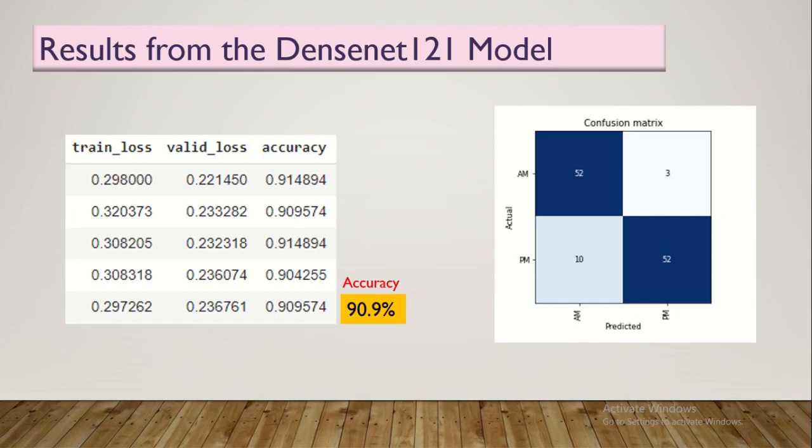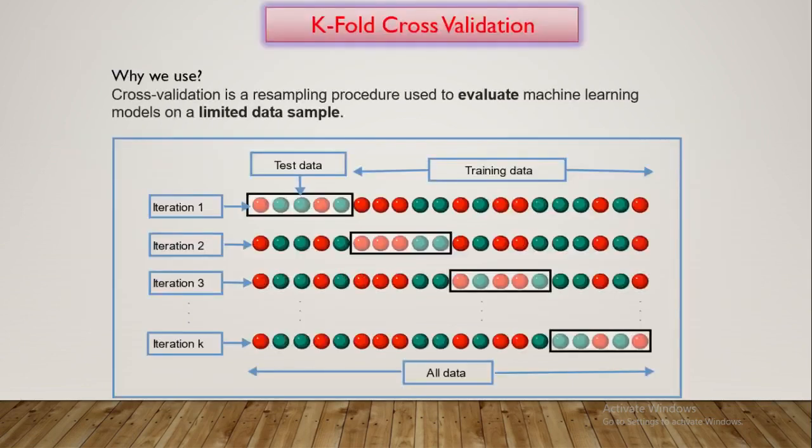To evaluate our model, I used k-fold cross validation. So what is k-fold cross validation? In this, first we shuffle the dataset randomly, and then we split the dataset into k groups. Then for each unique group, we take some amount as training data, and the remaining is test data, and then we fit our model on this set of data, evaluate on the test set, and then discard the model.